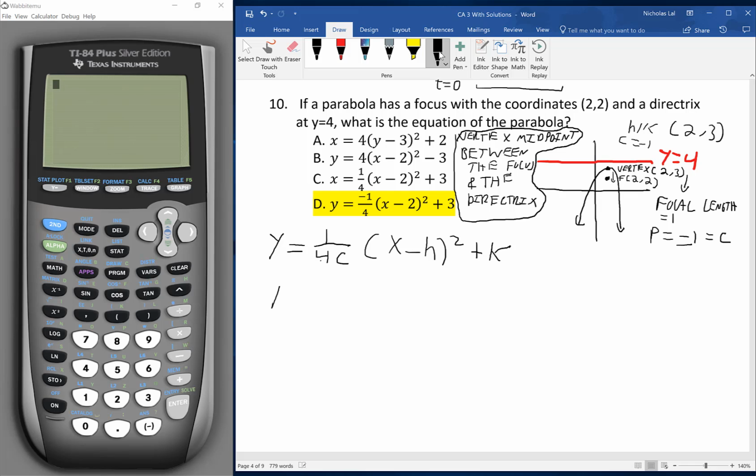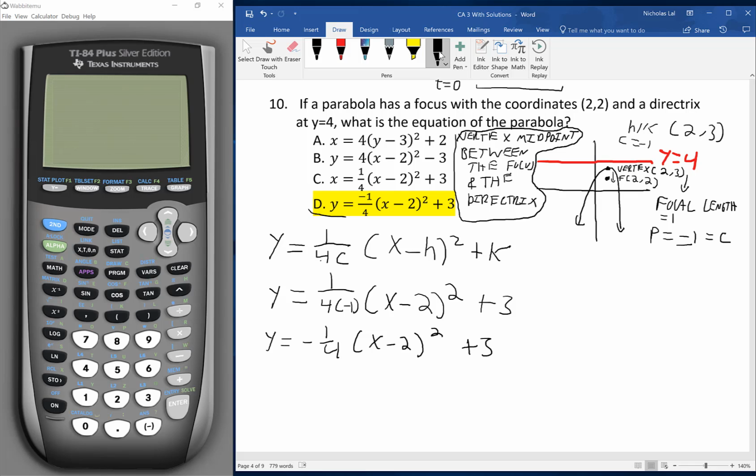So y is equal to 1 over 4 times -1 times (x minus 2) squared plus 3. So that becomes y is equal to -1/4 times (x minus 2) squared plus 3. And that's going to be answer choice D.